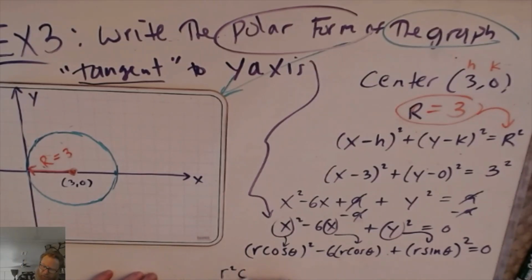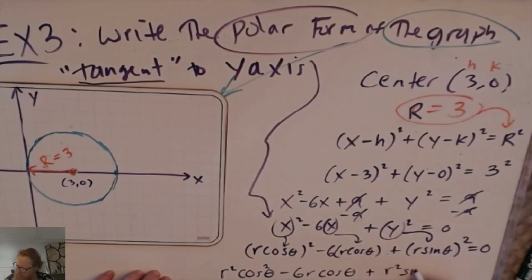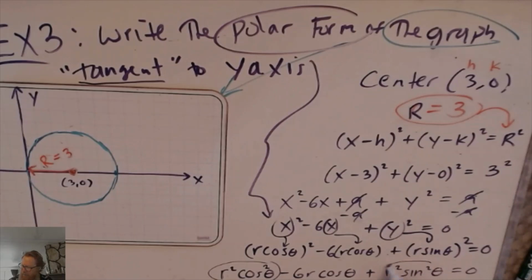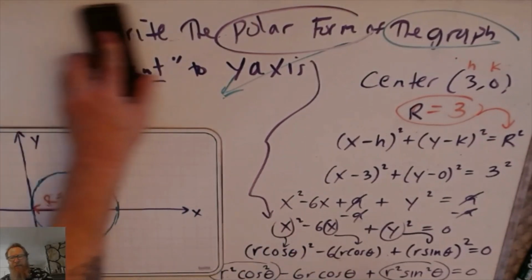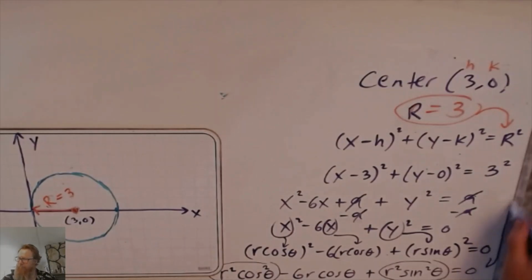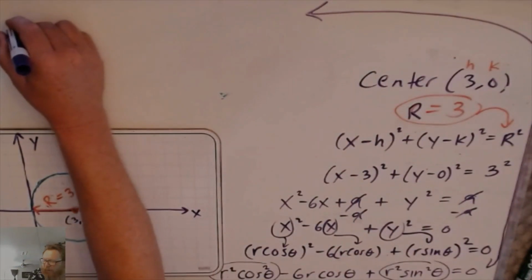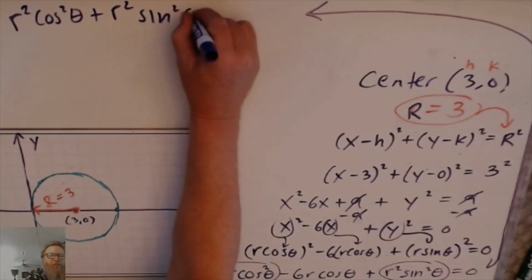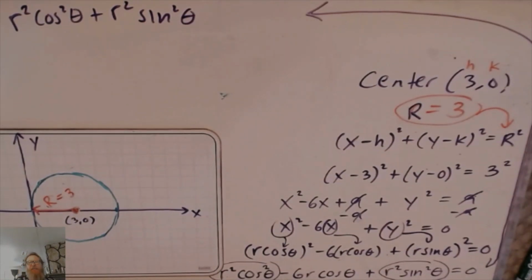So this becomes r squared cosine squared theta minus 6r cosine theta plus r squared sine squared theta. You're going to group these together and use a Pythagorean identity. So I've got r squared cosine squared plus r squared sine squared, grouping these two together.